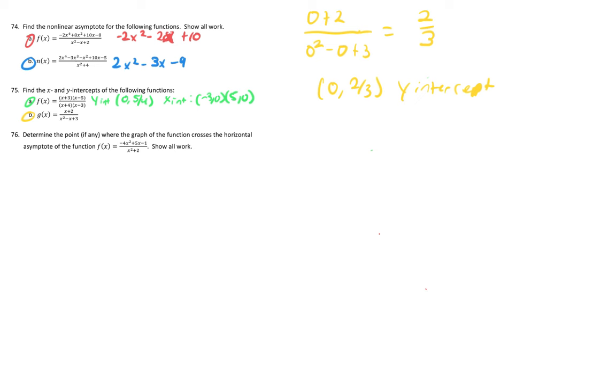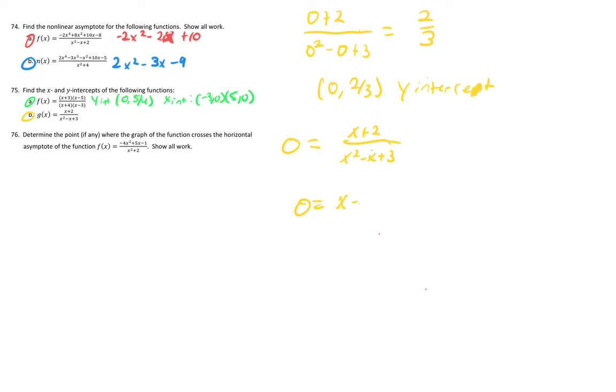y-intercept. The x-intercepts are where y equals 0. So again, as long as the value in the top doesn't make the value in the bottom 0, we're good.